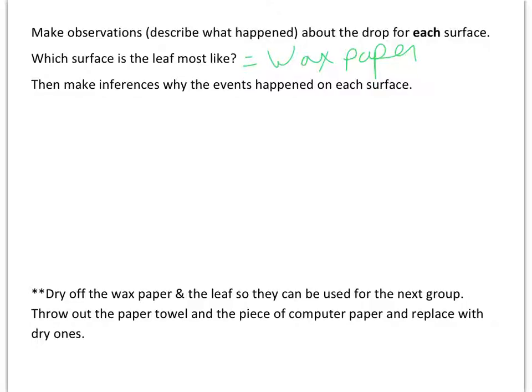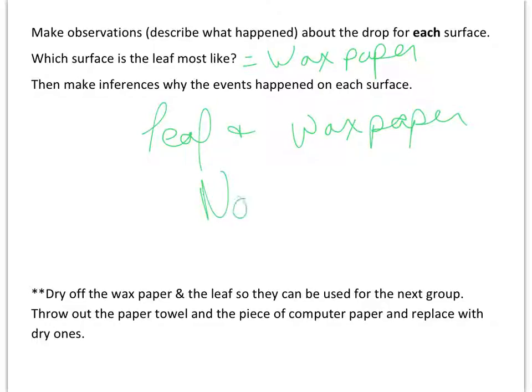And it should have sort of beaded up on the leaf. And that is because both leaf and wax paper were non-polar. The leaf has a special covering on it to help keep the water in so it doesn't evaporate.